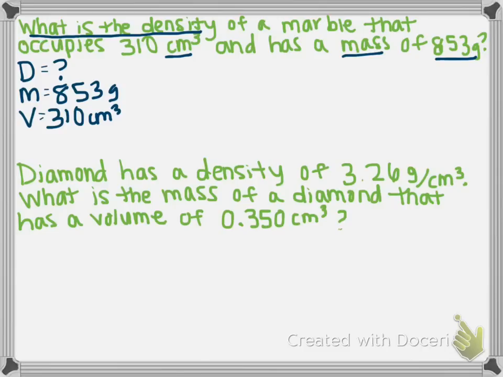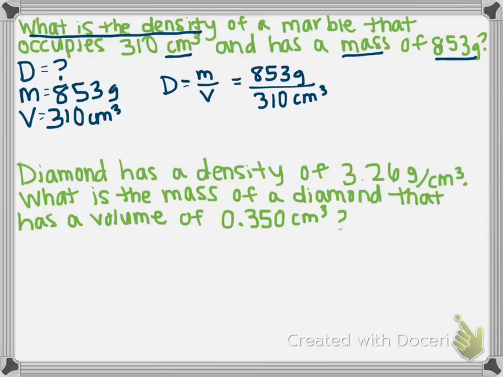So right there that tells me that I have mass and volume and I'm trying to solve for density. So the equation that I need to use is D equals M over V. I have mass, 853 grams. I have volume, 310 centimeters cubed. So I need to plug that into a calculator.